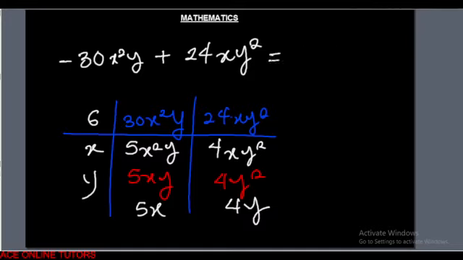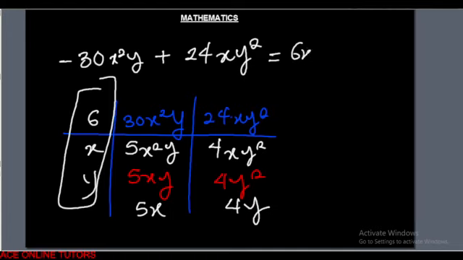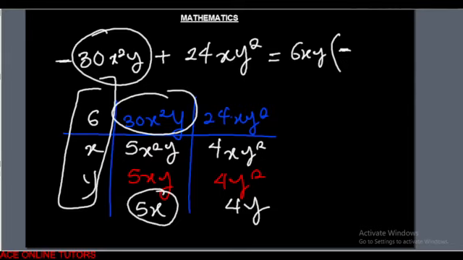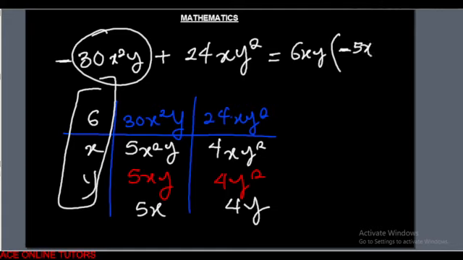Now this is going to be equal to, whatever is here will be outside the bracket. That's 6xy. So we have 6xy. Then you open a bracket, you put the sign minus. Now for 30x squared y, what's the final answer for it? 5x. So you put that 5x. Then for 24xy squared, you also put the sign.